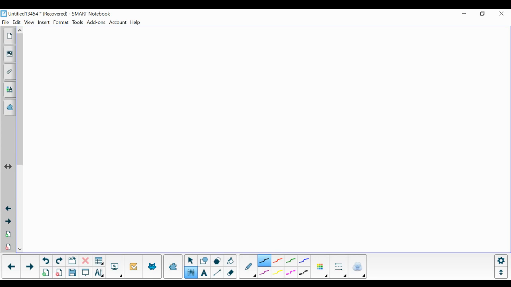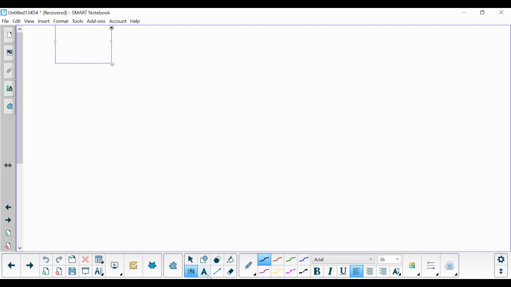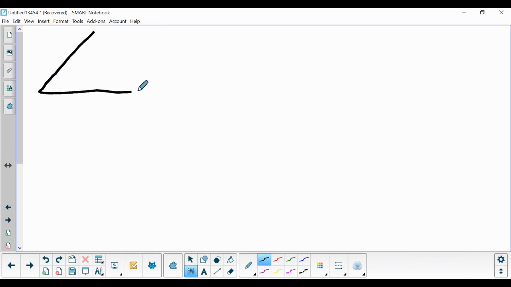So to start out, we're going to make our triangle. We're going to use this as a key for our calculations. So, distance is our top, then speed and time.